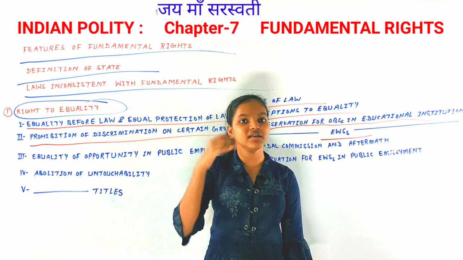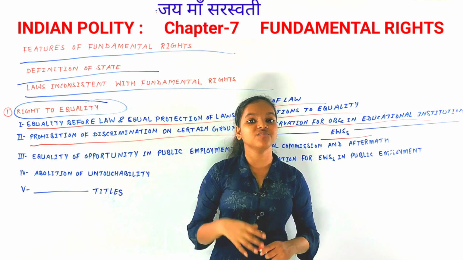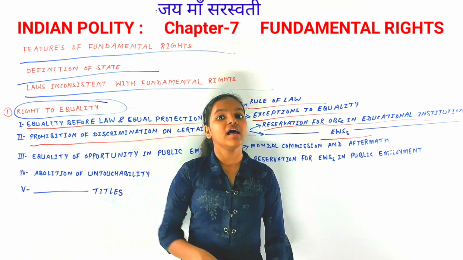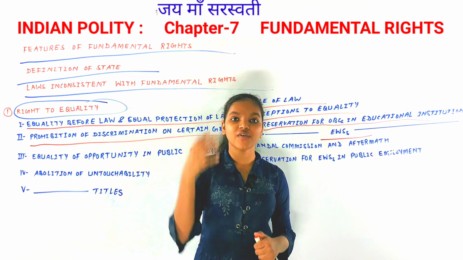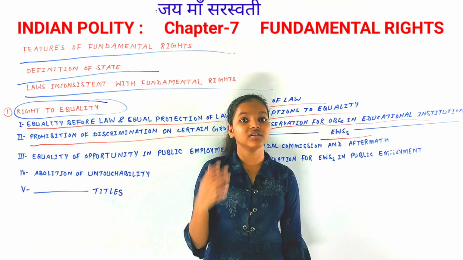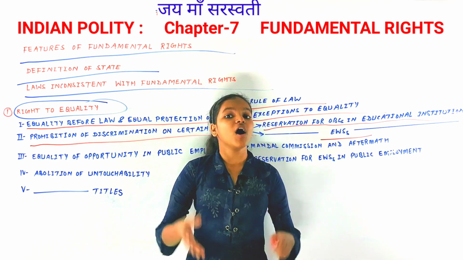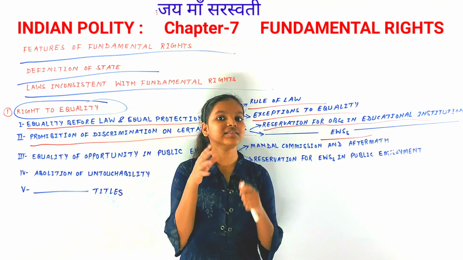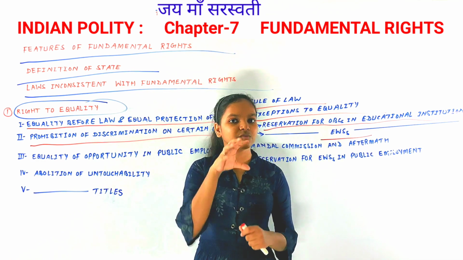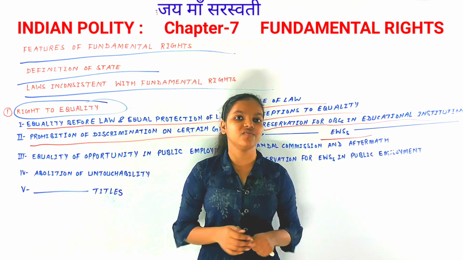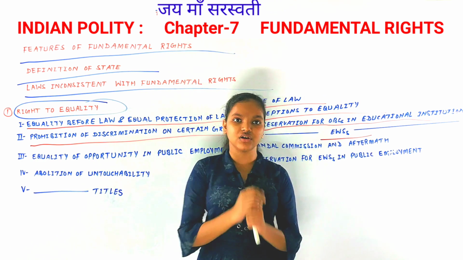Or if his family possesses any of these, that is, a 100 square yard residential plot in notified municipalities, or a 200 square yard residential plot in areas other than notified municipalities, then these persons will not get any reservation in educational institutions.